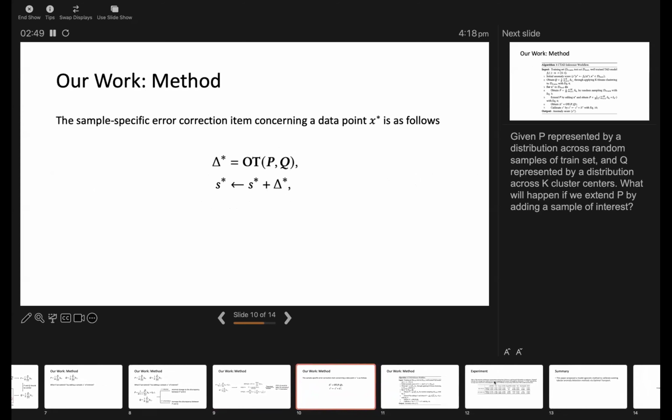Therefore, the sample-specific error correction term can be calculated by computing the optimal transport distance between distributions P and Q, denoted as delta star, and we can use delta star as the error correction term to calibrate the original anomaly score S star.